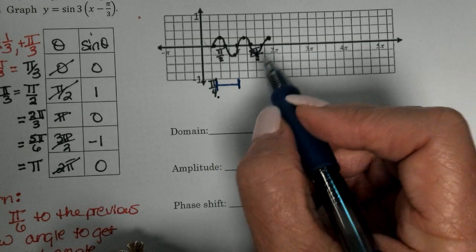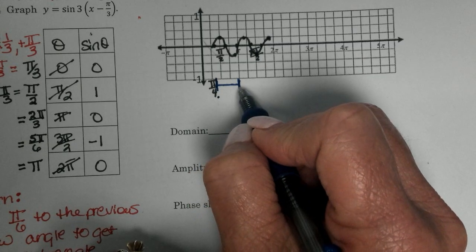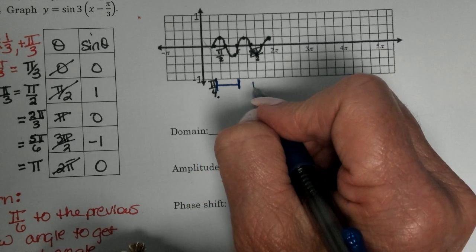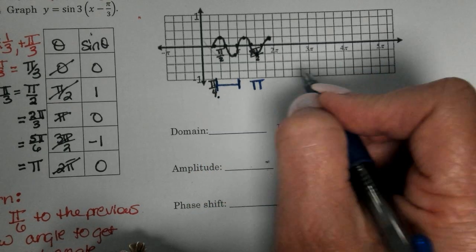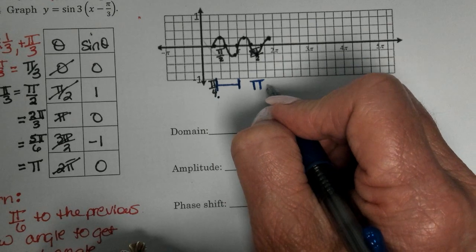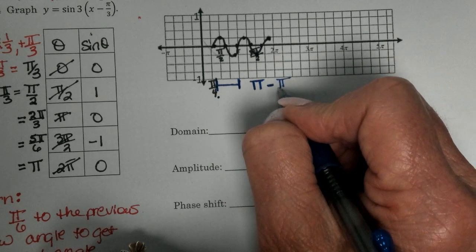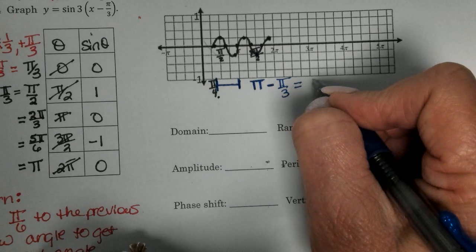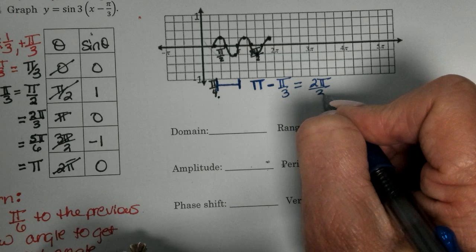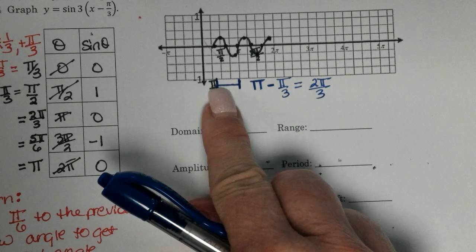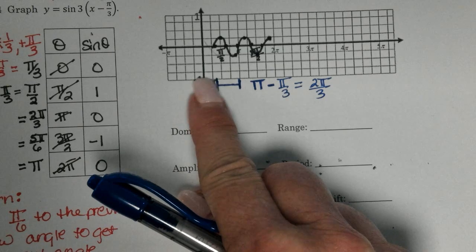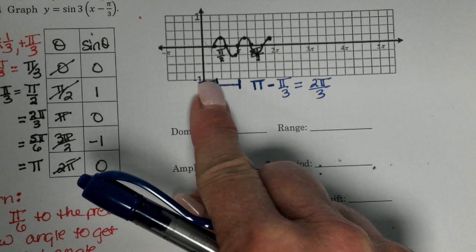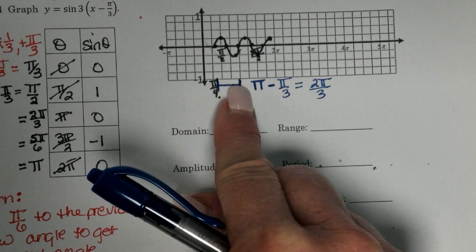Okay, so from pi over 3 to whole pi, to figure out that period, you can take pi and subtract the pi over 3 from it, and that will give you what lies within this realm right here, because this wasn't part of it because we shifted over, so only this is within that period.